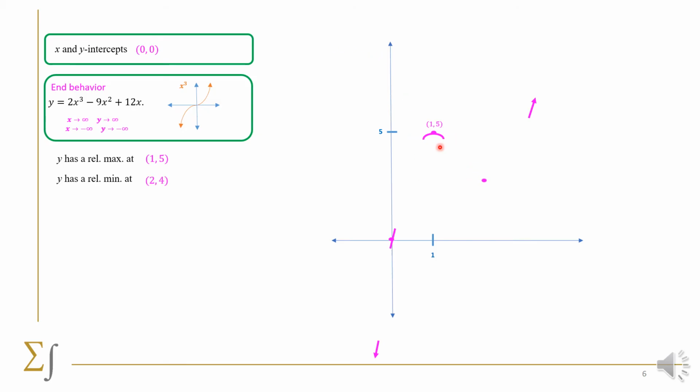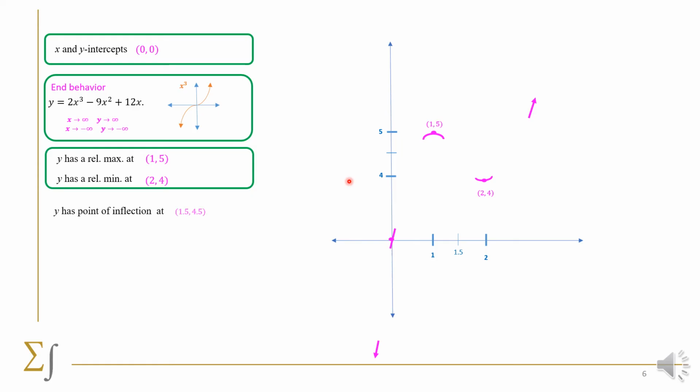Here comes the (2, 4). It is representing a minimum, so we will have this U shape representing the minimum. Also, we will have the point of inflection, which is (1.5, 4.5). We will have it on our graph in front of us.